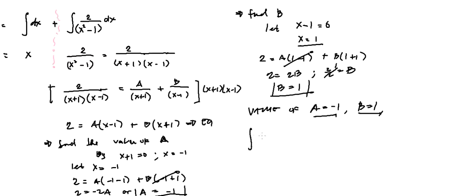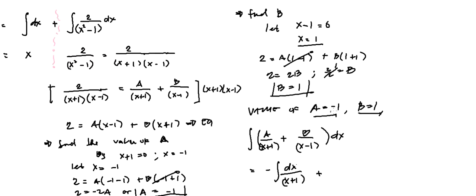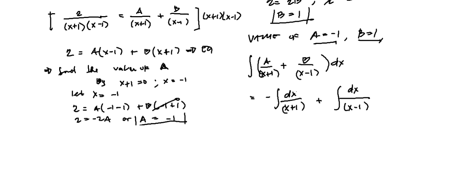From A all over x plus 1 plus B all over x minus 1 dx, and by having the values of A and B, we have negative integral of dx all over x plus 1 plus B, which is 1, so we have only dx all over x minus 1, right?